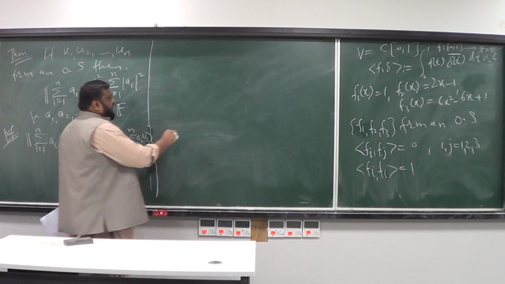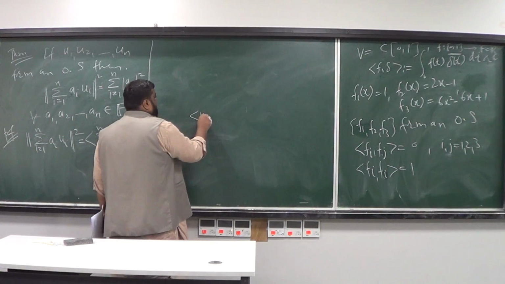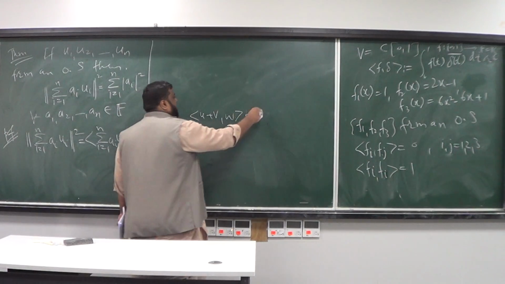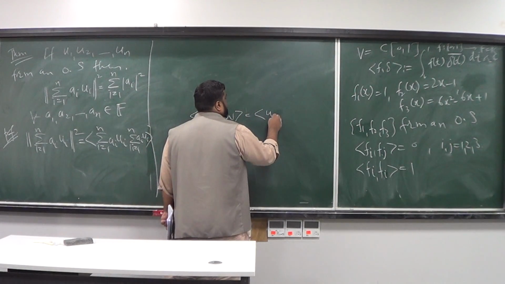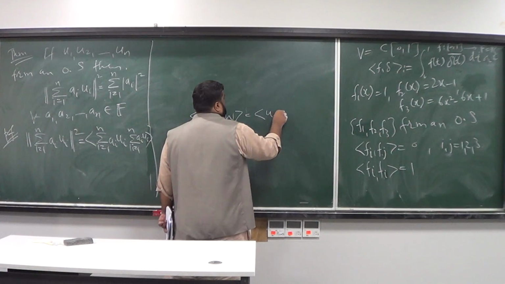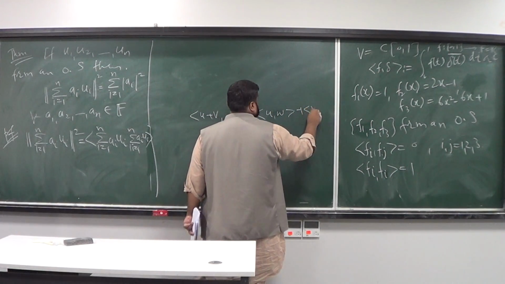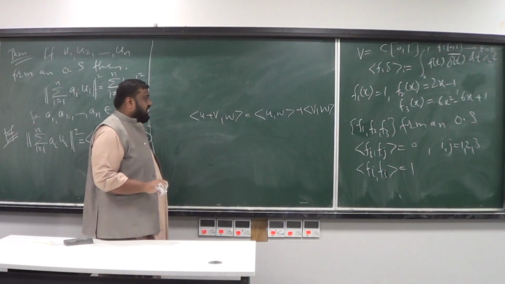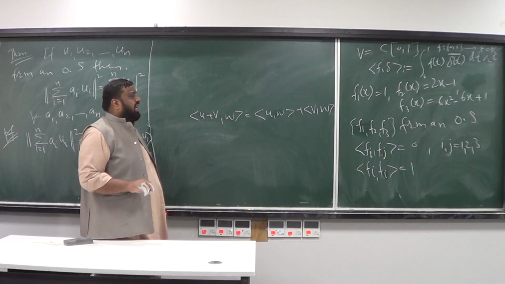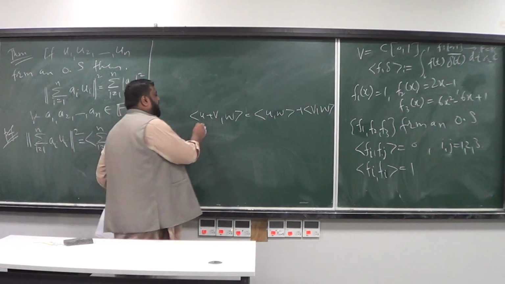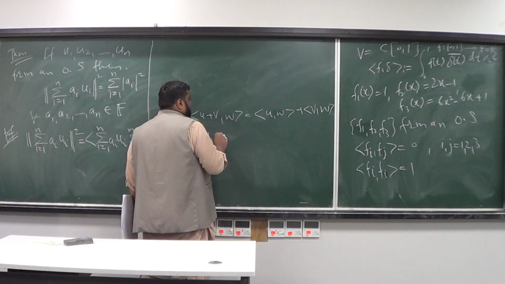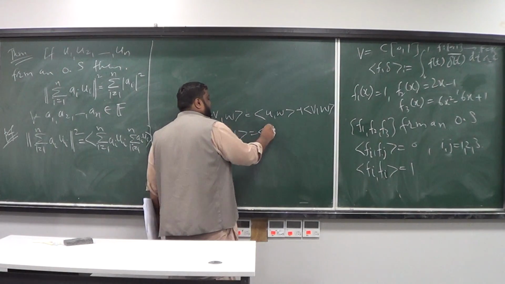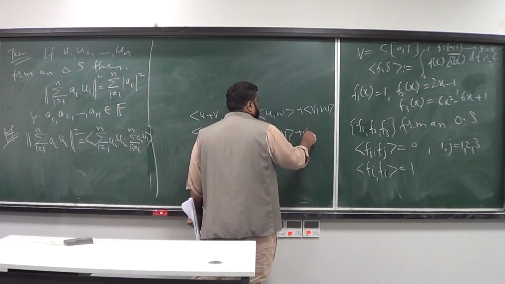Then if you remember, we had two properties. If you have the inner product of u plus v with w, you can write this as the inner product of u and w plus the inner product of v and w. So the inner product is linear in the first coordinate, or it preserves addition in the first coordinate, and the same is true for the second coordinate: if you have the inner product of u with v plus w, then this is the same as the inner product of u and v plus the inner product of u and w.